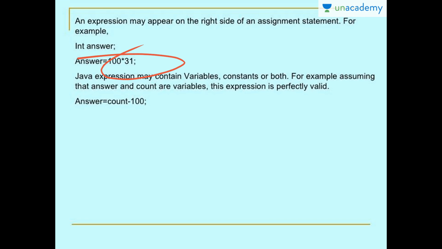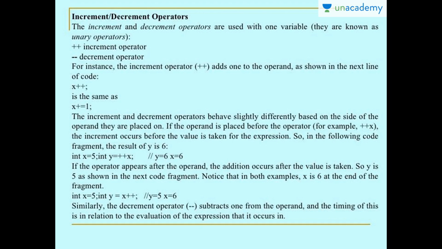Now next we come to the increment and decrement operators. As I told you, they are unary and are used with one variable, with the help of one operand. The increment operator adds one to the operand. If it is written x++, then the value of x will be incremented by 1, that is x + 1.